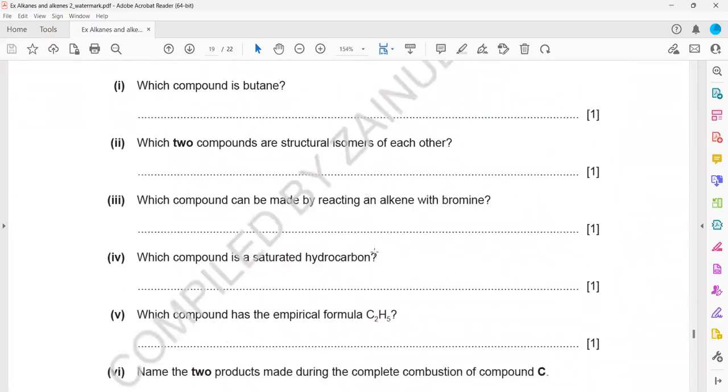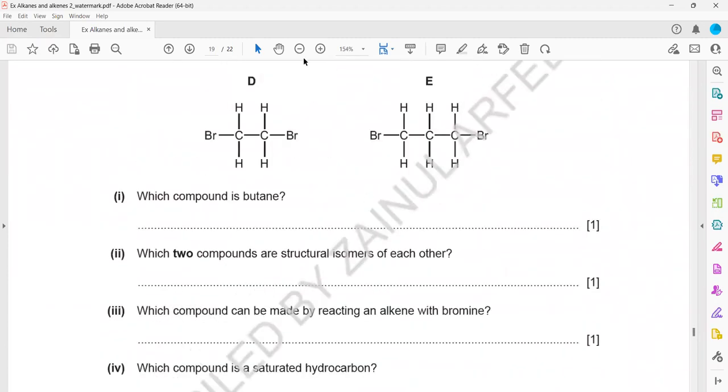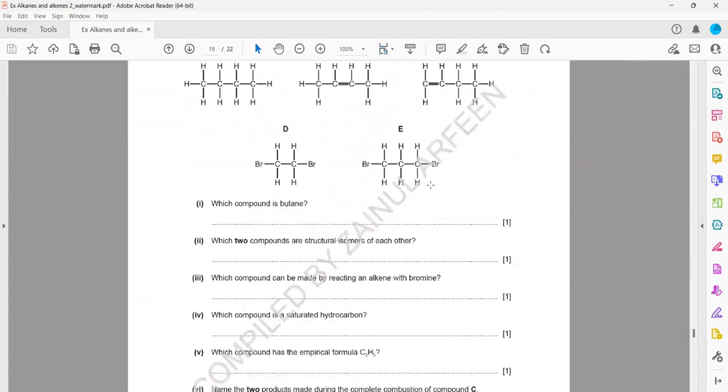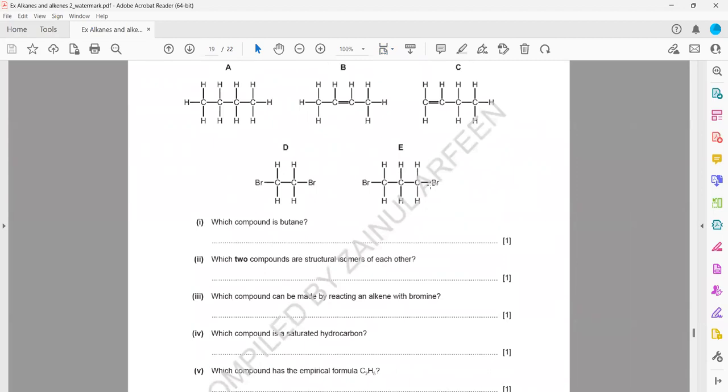Which compound is a saturated hydrocarbon? A. A is a saturated hydrocarbon. That's right. Which compound has an empirical formula of C2H5? The simplest ratio between carbon and hydrogen is 2:5.